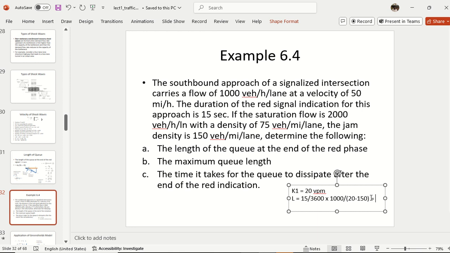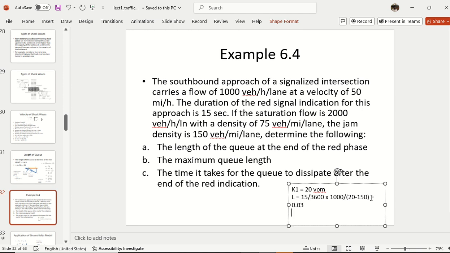If you want to get a significant number, then convert it to feet. So 5280. 0.03 multiplied by 5280. How much? 169 feet. But it's minus.